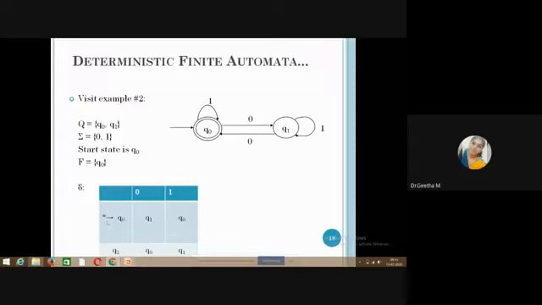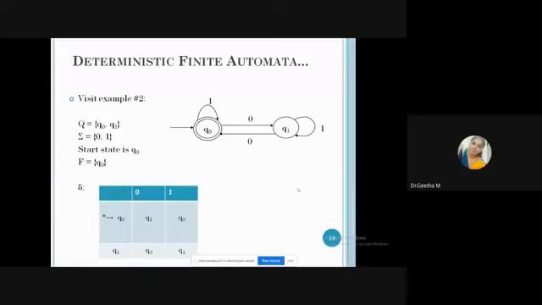That is how we represent the initial state and final state in a transition table. Likewise, it can also be represented by del functions. Only 4 cases are available: del of q0, 0, q0, 1, q1, 0, q1, 1.